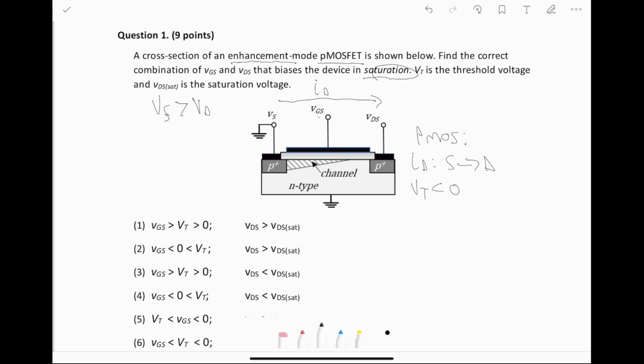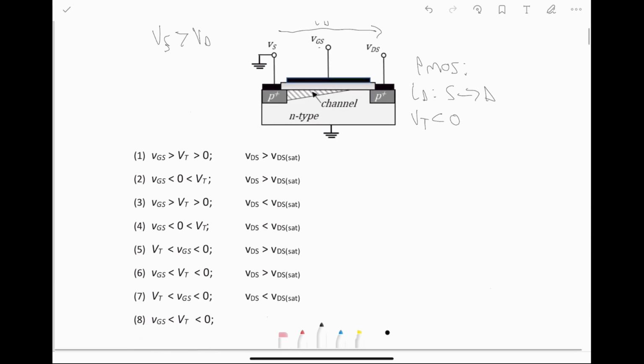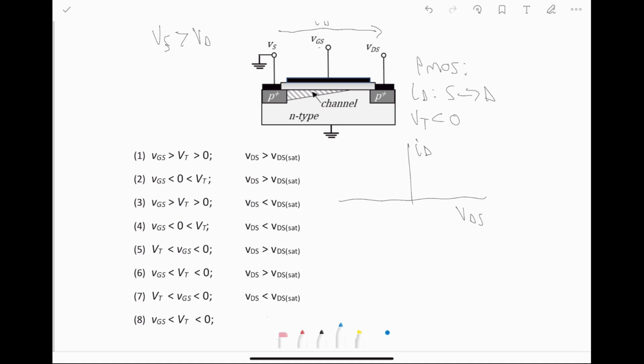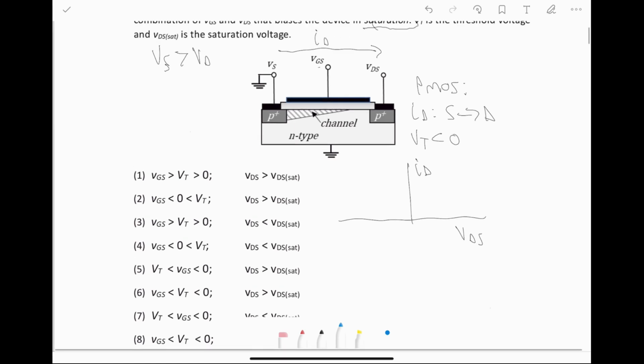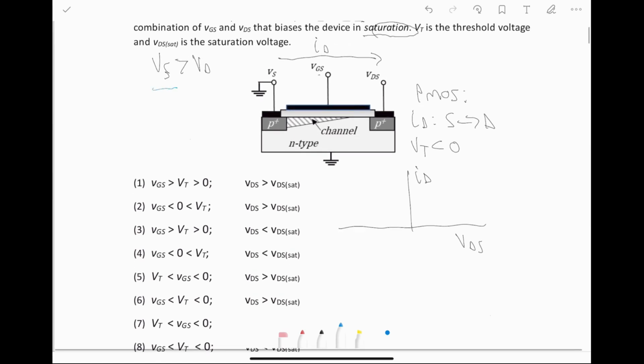And that's all the information we really need to draw these IV curves. So I'm going to get started by drawing the VDS versus ID curve. I'm using VDS because it's what they give us right here. Say VDS on the x-axis, ID on the y-axis, and since Vs is greater than Vd, and VDS is equal to Vd minus Vs, VDS is less than 0.